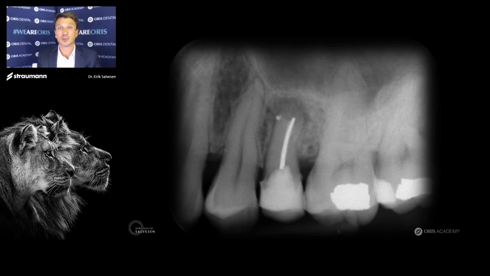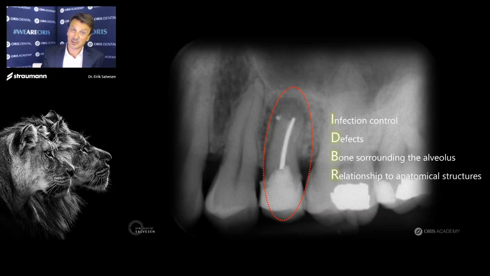So the treatment approach choices that we have: we're going to do an immediate treatment, immediate implantation, immediate restoration? Well, we need to consider the same things: infection control, defects, bone surrounding the alveolus, and a relationship to anatomical structures. And in this case, the most limiting factor that we have is the lack of apical bone.